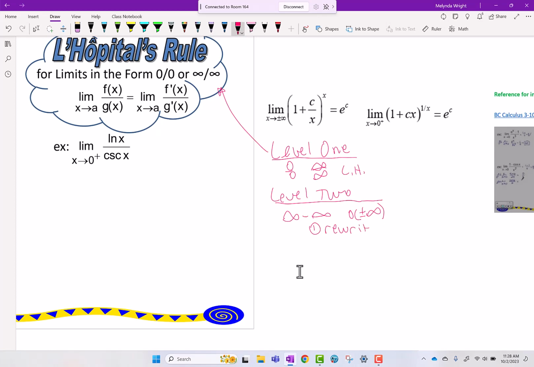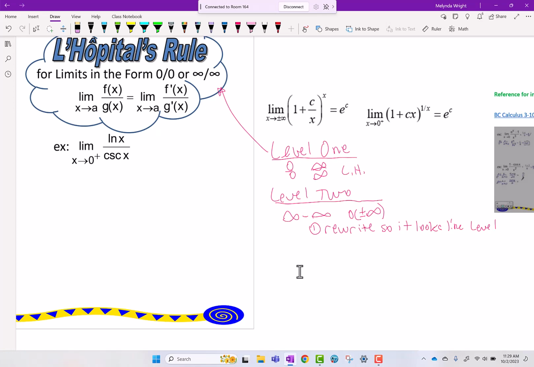We would rewrite so it looks like a level 1. That's what we would do. And we are likely to come across this kind where we have to rewrite. It is likely that we will come across it.